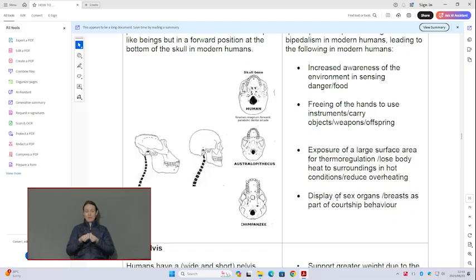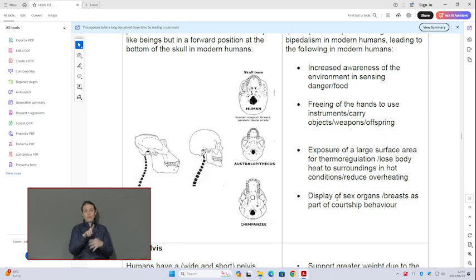So if the question says, explain the significance of the position of the foramen magnum in modern humans, you have to state that the foramen magnum is at a more forward position, which indicates what? Bipedalism.